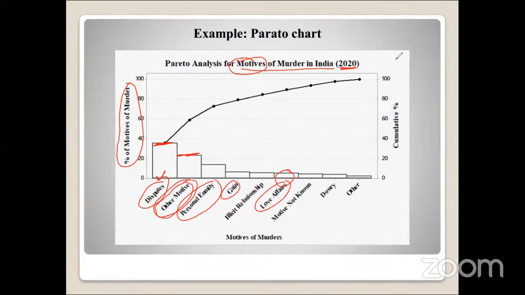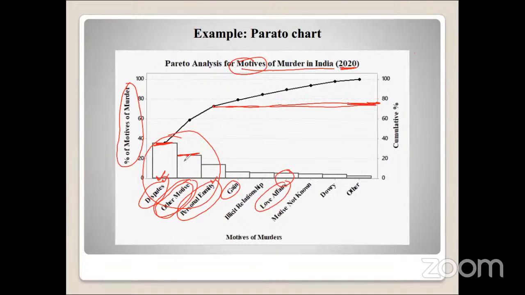So if you perform a Pareto chart, then you will identify the most frequent motives where one should focus, which are family disputes and personal enemy. If I put a bar here, they are causing around 78 or 80% of murders, right?